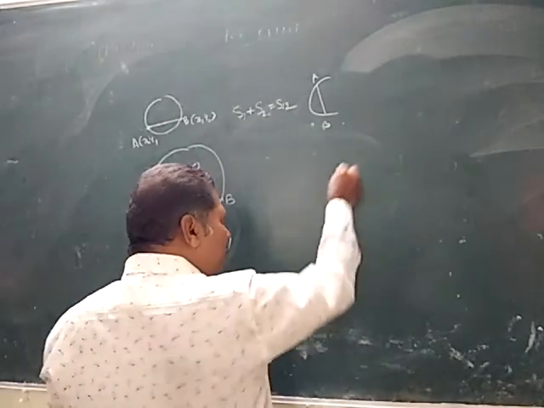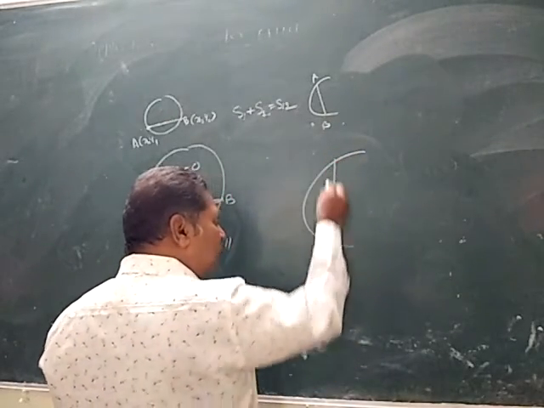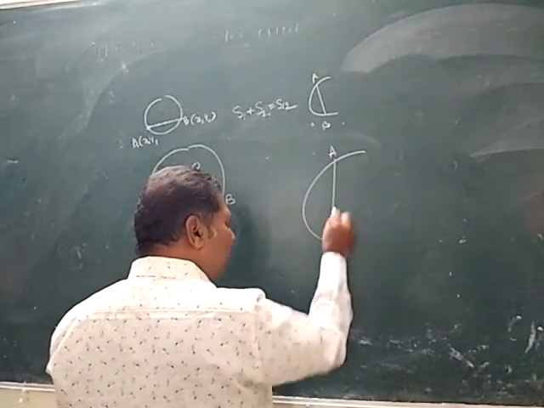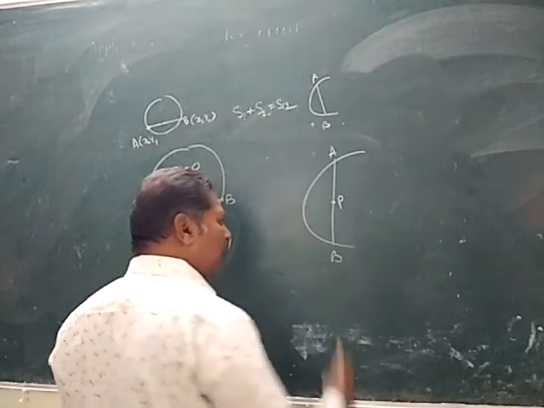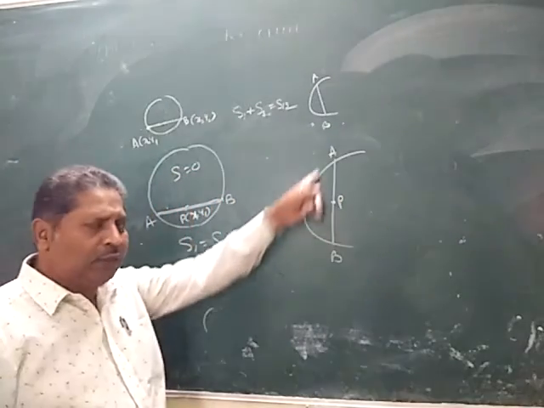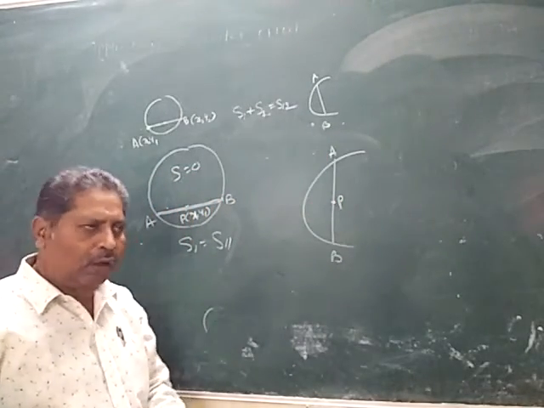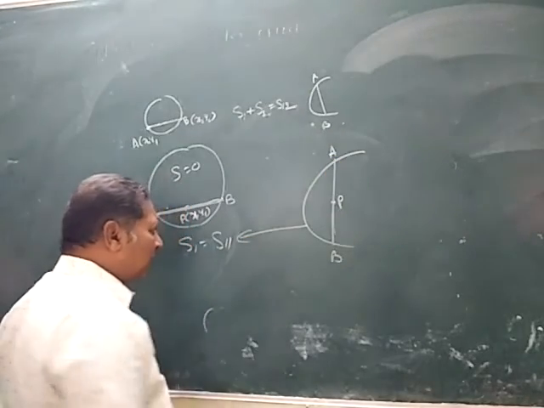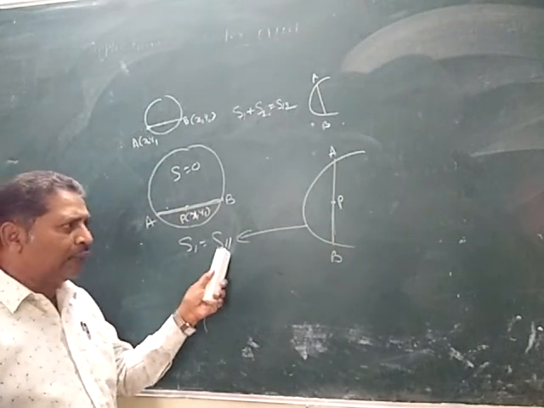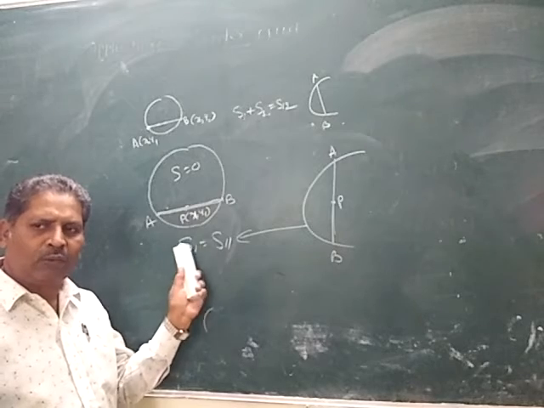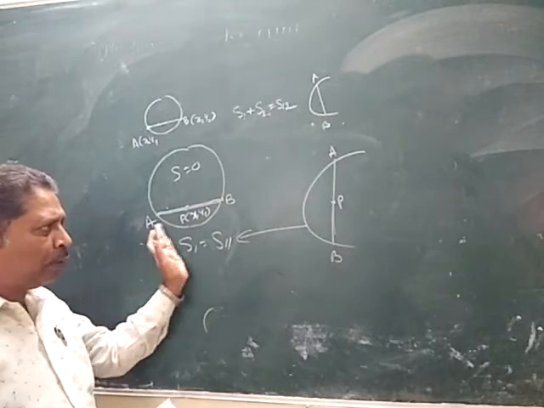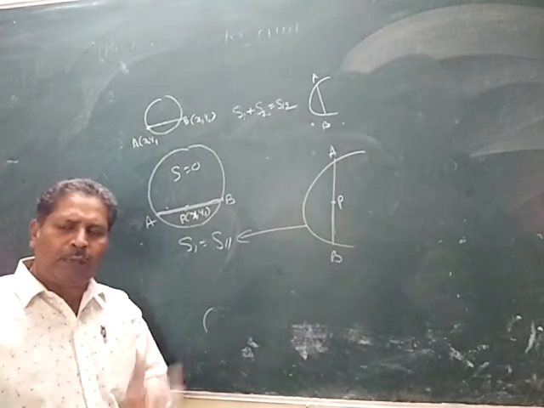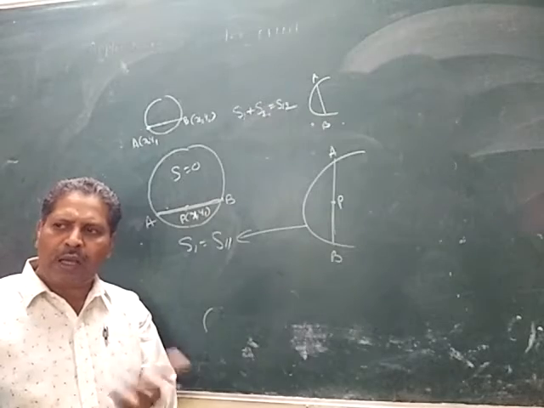Similarly, in a parabola also, this is a chord AB, P is the midpoint of the chord. Then the equation of this chord is S1 equal to S11. So the same formulas repeat in parabola, ellipse or hyperbola.